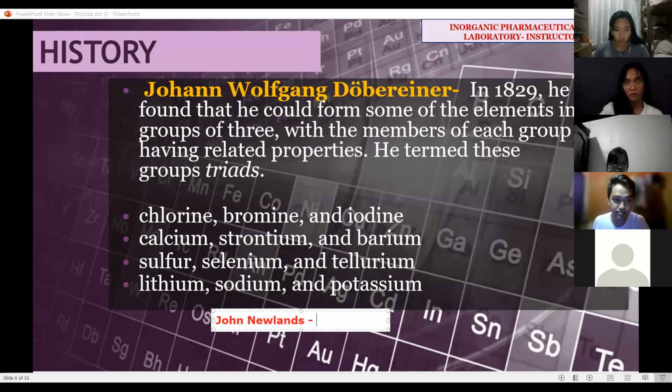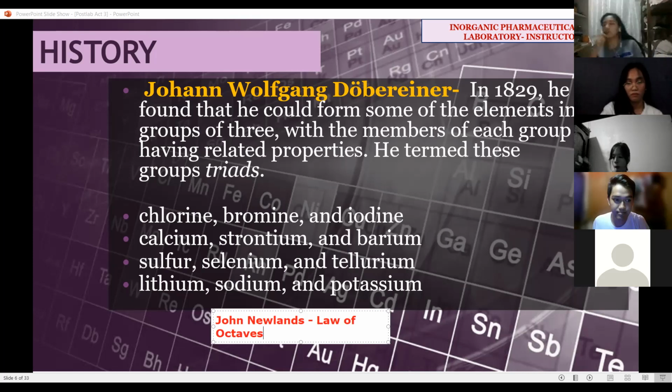He was the one who made the law of octaves. Kasi he noticed that in the elements of the periodic table, every 8 na element share the same property. So gigroup na lang niya together by 8. So mo na siya gitawag siya law of octaves. So again, John Newlands for the law of octaves and Johann Wolfgang Dobereiner for the law of triads.